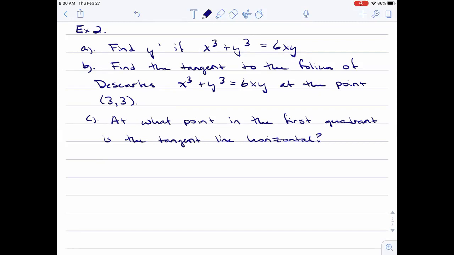So then we're going to take it one step further and say, okay, if the tangent line's horizontal, it means that the slope has to be 0, which means the derivative must be 0.